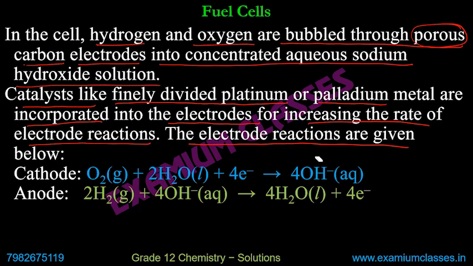A few steps might not be there in NCERT. These are the reactions of the hydrogen fuel cell, and when you combine these two, you get the overall reaction. The overall reaction is very simple: 2H2 plus O2 gives you 2H2O.